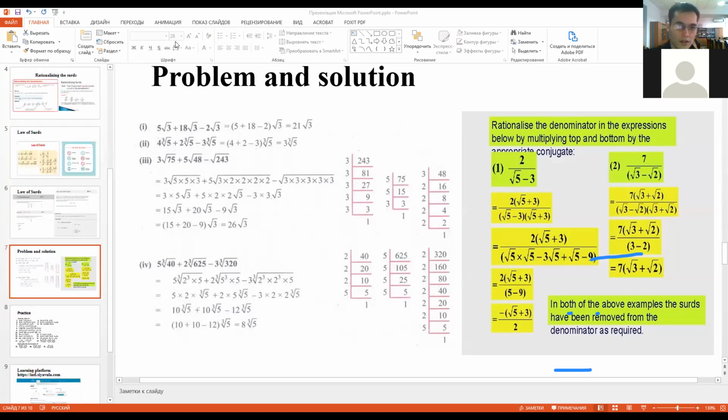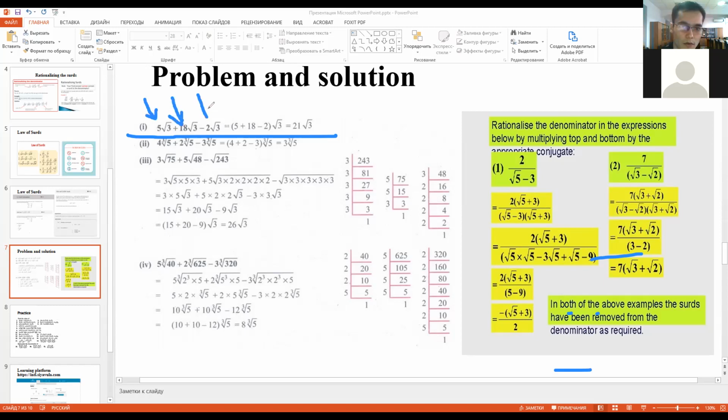Look at this problem and solution. You may be given such kinds of problems that contain surds, and here you have to use the laws of the surds. For example, the first problem can be solved in this way. You take the common multiple out of the brackets.